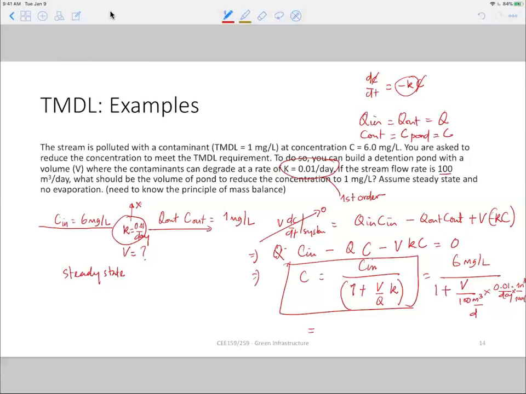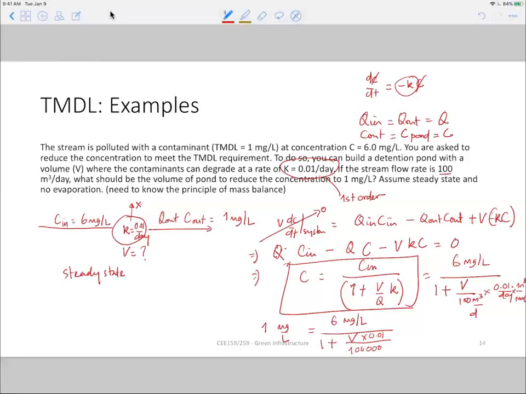So if you write that equation over here, C is 1 milligram per liter, equal to 6 milligram per liter divided by 1 plus V. Then you have 1000 here times 100 meter cubed, so that will be V divided by 100,000 times 0.01.